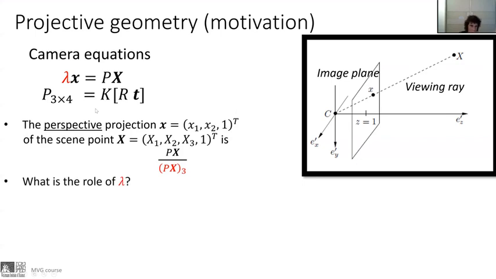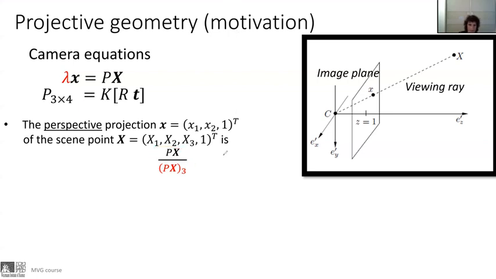So the perspective projection of a point X in the world to the image plane, little x, is actually given by multiplying X by P and dividing this resulting 3D vector by the third coordinate, like what is written here, okay?